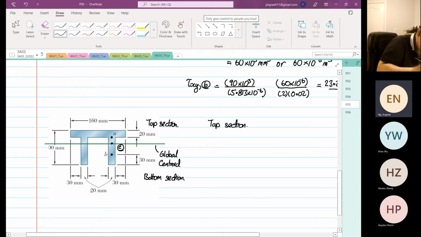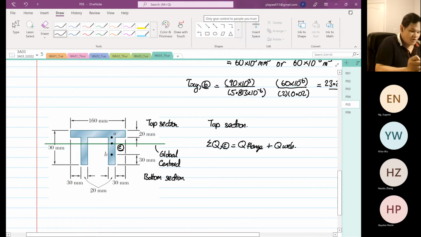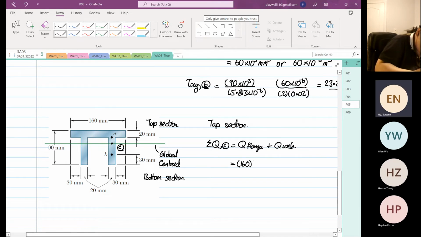So for the top section, right, the summation of the Q at point C will be the Q of the flange plus the Q of the web. Okay, so the Q of the flange, which we already determined, is equal to 160 with depth equal to 20. Y bar is equal to 35 minus 20 divided by 2, right?